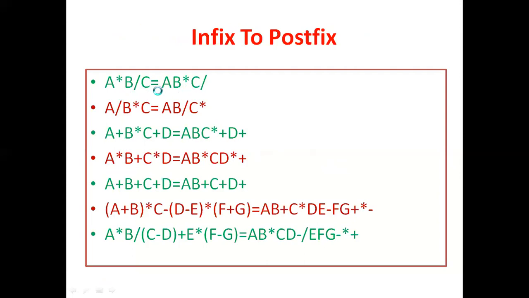A into b by c means ab into c slash. A slash b into c means ab slash c star. A plus b into c plus d means a b c star plus d plus, and so on. So these are the infix to postfix forms.